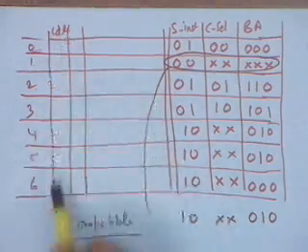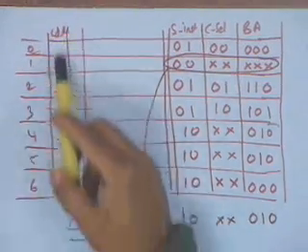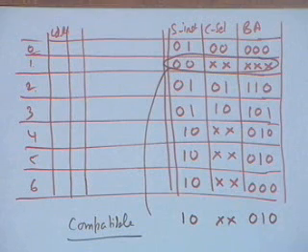Identical means the same pattern appears in all the rows. If there are two columns that are identical, do you really need to store them in two different bits of the microinstruction? You can collapse them into the same bit. You can take that output and just fan it out to both the control signals which have the same column.